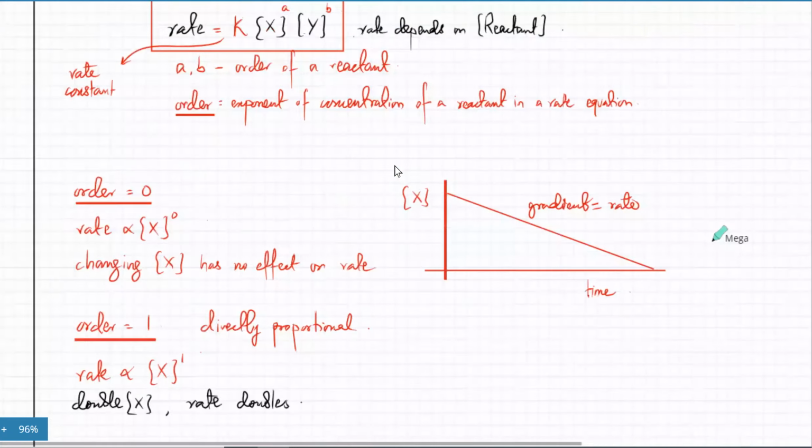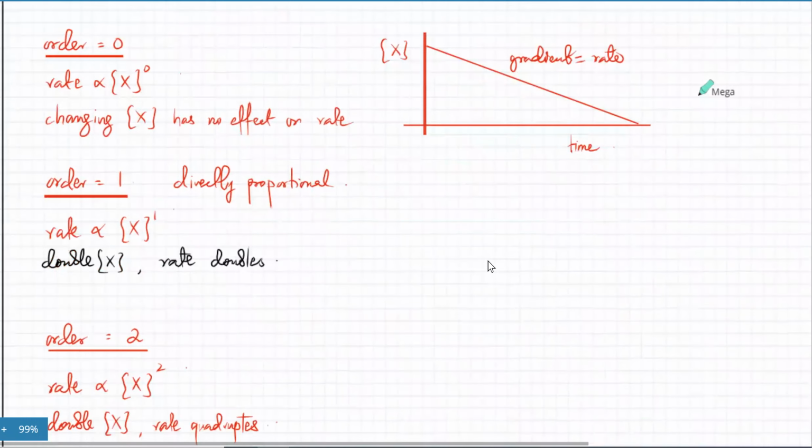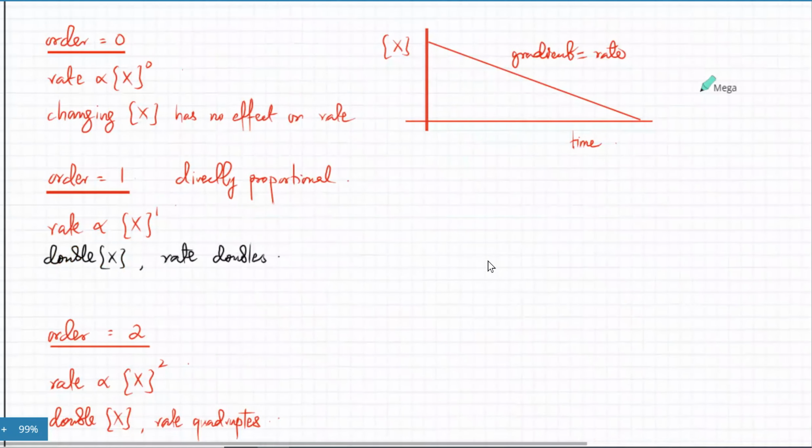So you're never actually going to see this particular graph for a reaction, but we'll just discuss the relationship first. We'll discuss the other graphs in the next class. So is this clear? What's order, and the graph for zero order.